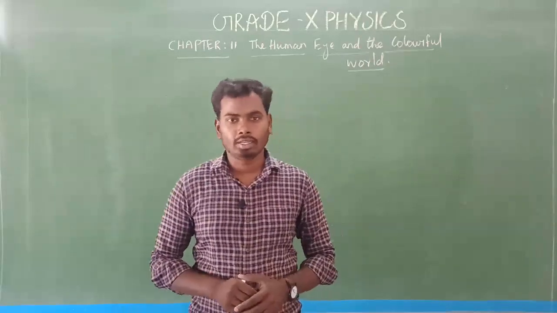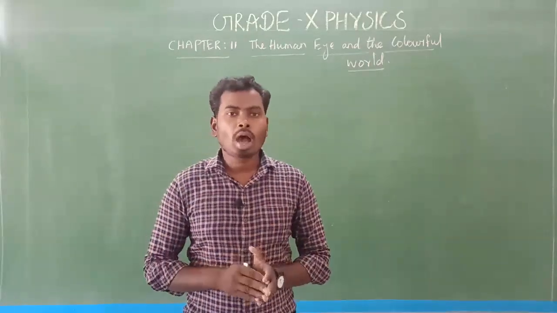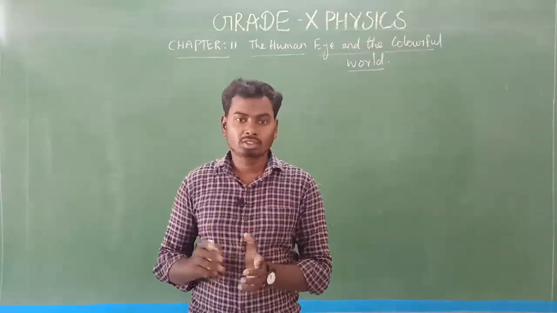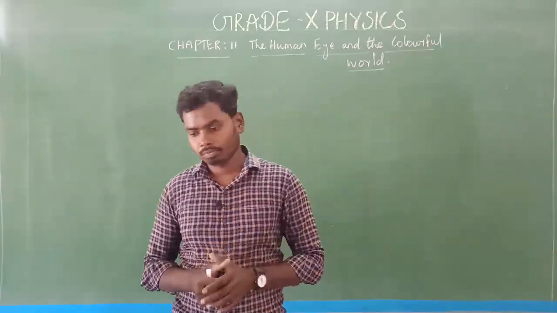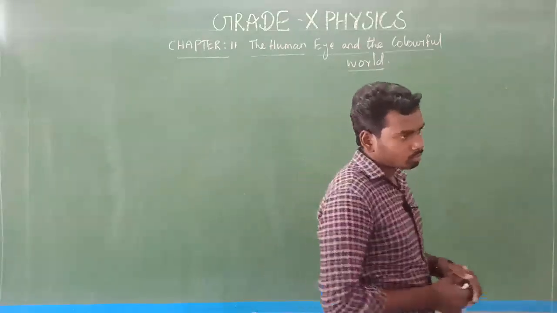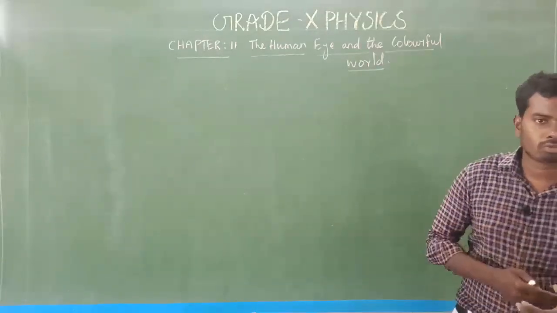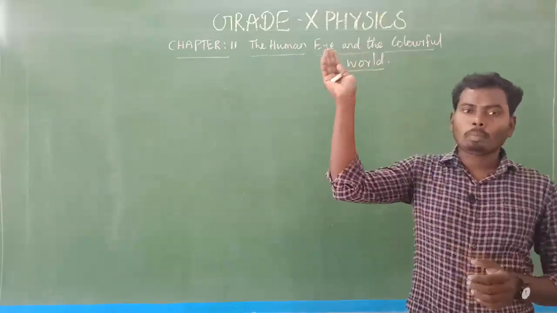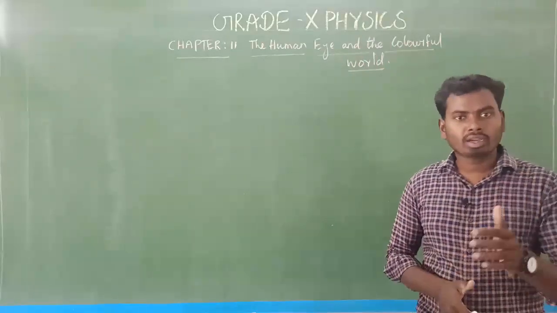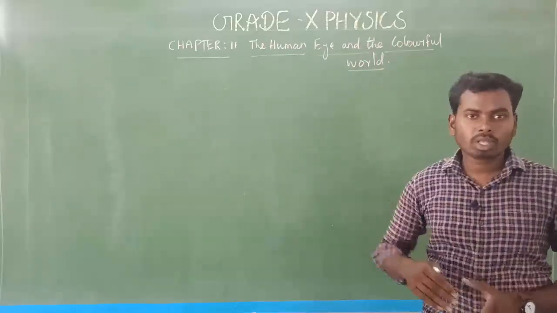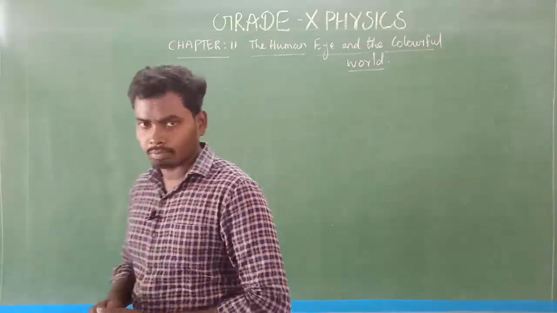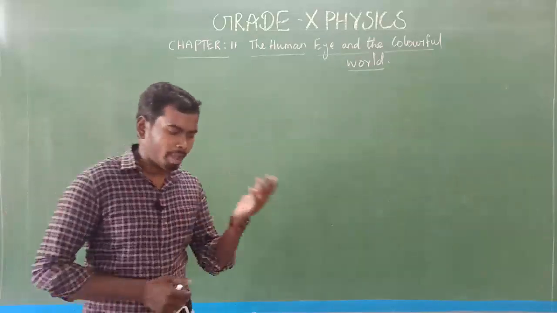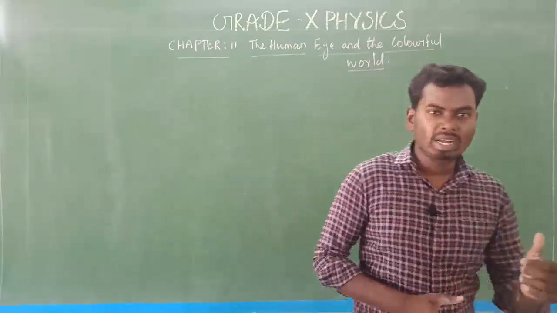Is it clear? Yes. So to form a rainbow, the sun's position should be opposite to the rainbow. Isn't it? Yes. So this is how the rainbow is formed. Then at the top of the rainbow there will be the red color spectrum, and at the bottom there will be violet color, because red light has the maximum speed and violet has the minimum speed.